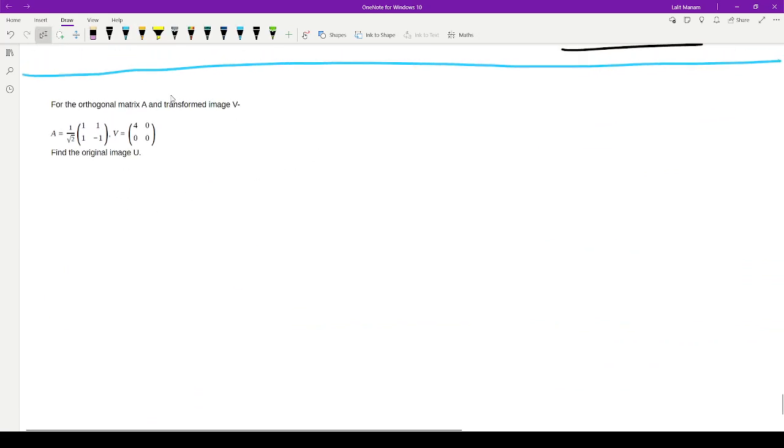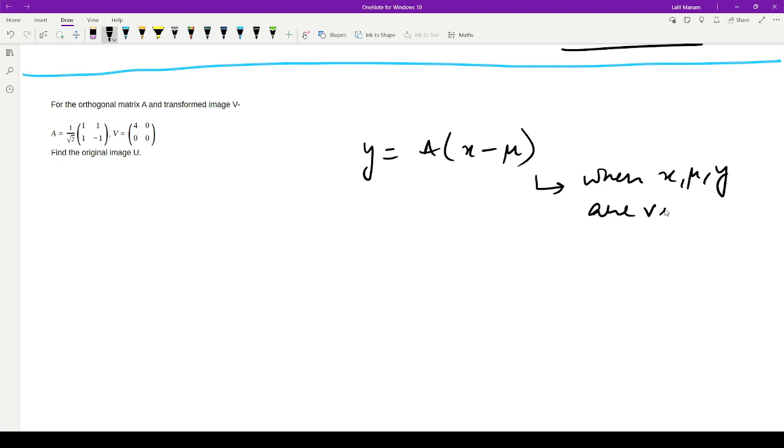So if I just write that vector minus mu, this is when x, mu, and y are vectors. But we are given here that x is a matrix. So I'll write capital X is a matrix in this case.